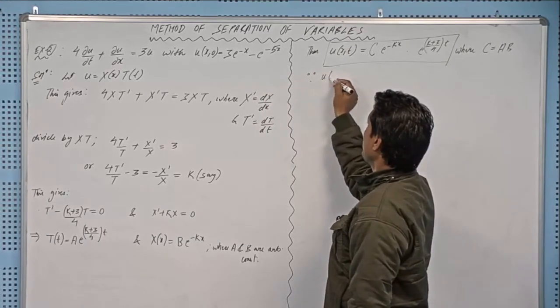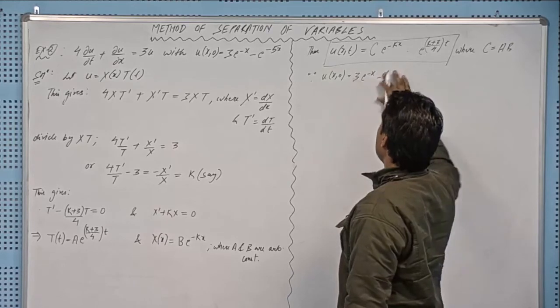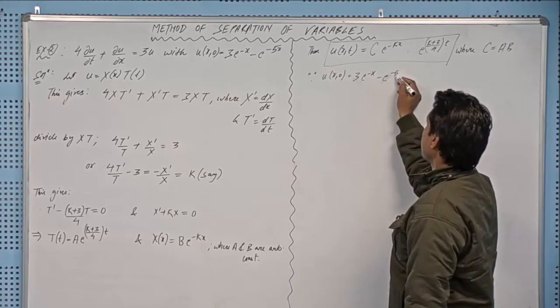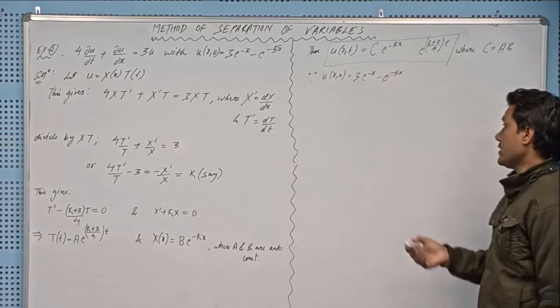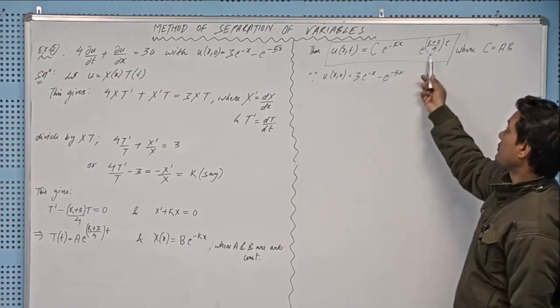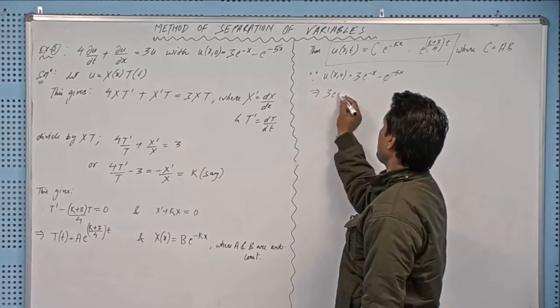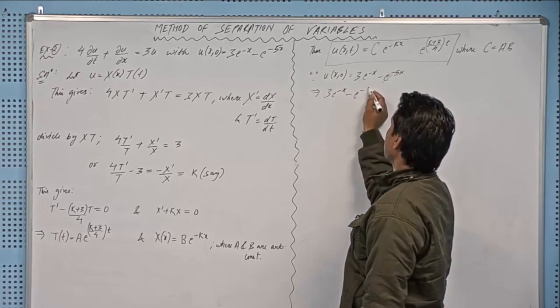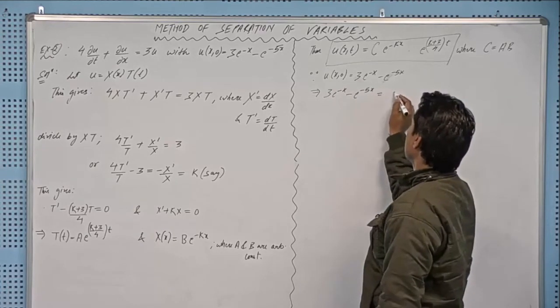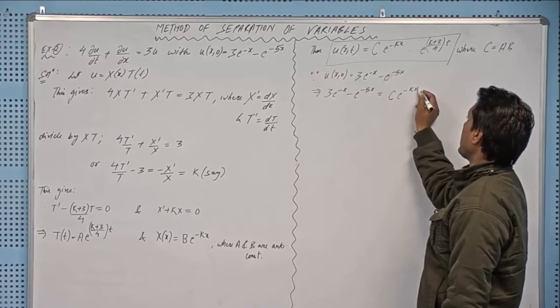Since u(x, 0) is equal to 3 times e to the power minus x minus e to the power minus 5x, it means that for t equal to 0, the function takes this value. Substituting t equal to 0 here, this implies that 3e^(-x) - e^(-5x) = c e^(-kx).